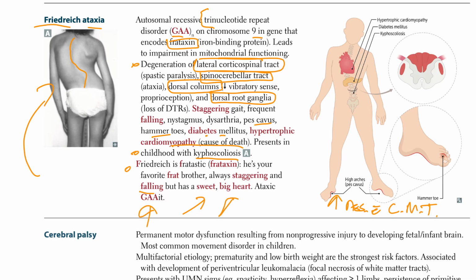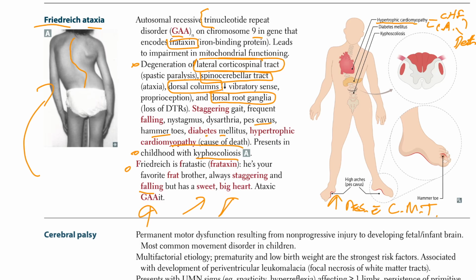Looking at this picture, we have a hypertrophic cardiomyopathy, which leads to CHF and cardiac arrhythmias. Both are causes of death in these patients, but the high yield one is hypertrophic cardiomyopathy.